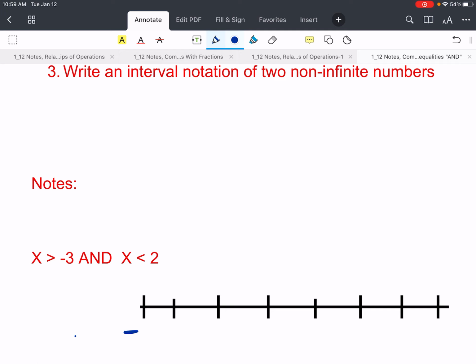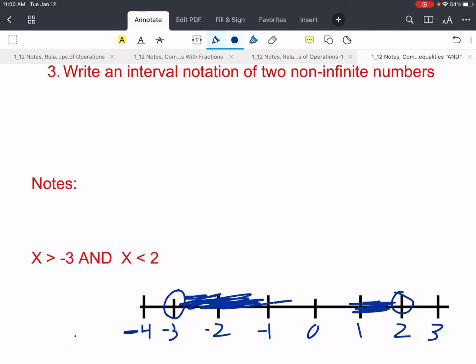So if we were to graph this on a number line, we would see that x has to be greater than -3. So I have an empty circle at -3, and I'm going to be shading to the right. But we also have to follow the rule that x is less than 2. So that would be shaded to the left.